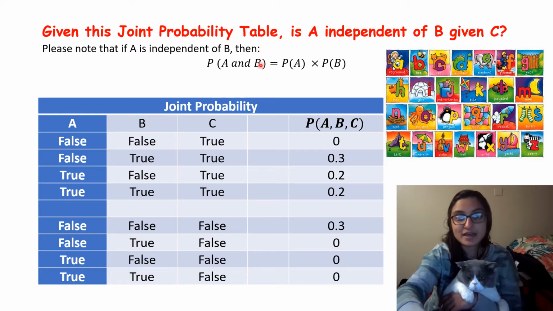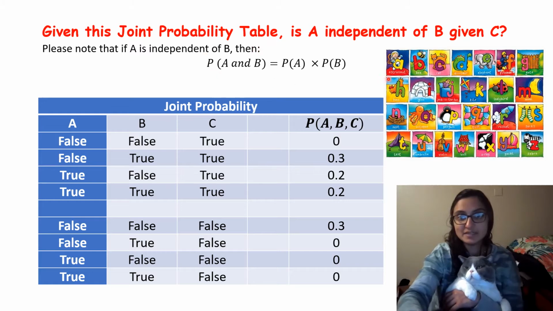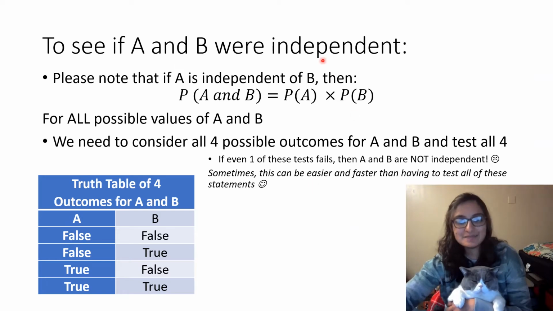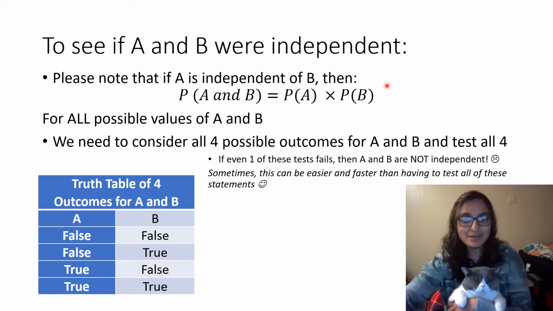So we take the same idea: if we wanted to see if A and B were independent, then the probability of A and B is equal to the probability of A multiplied by the probability of B for all possible values of A and B.